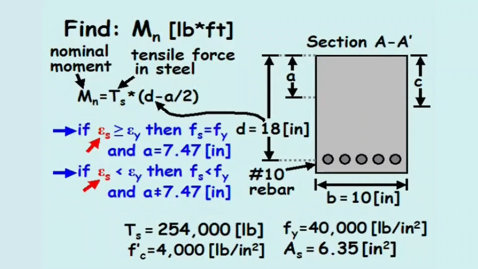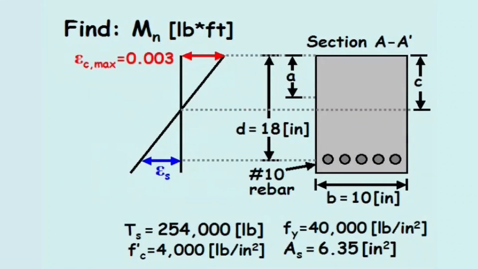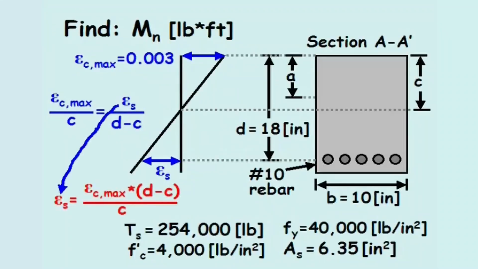The strain in the steel, epsilon s, can be determined using strain compatibility. The problem states the maximum strain in the concrete, epsilon c max, equals 0.003. Therefore, using similar triangles and the values of C and D, we can compute the strain in the steel.